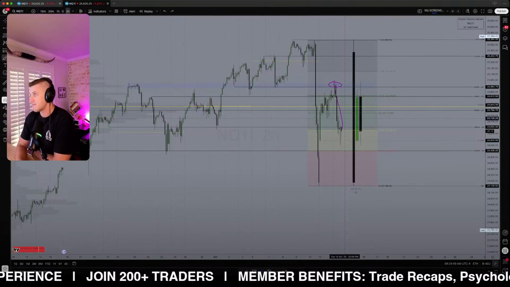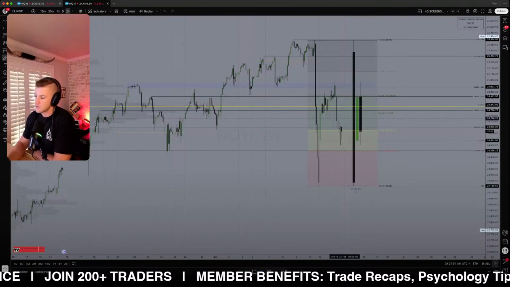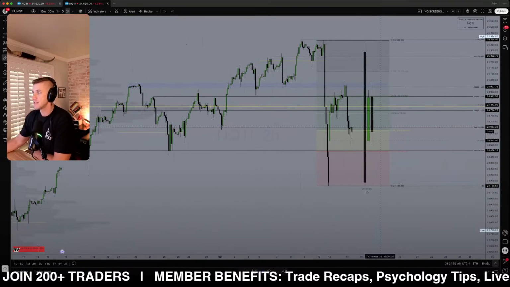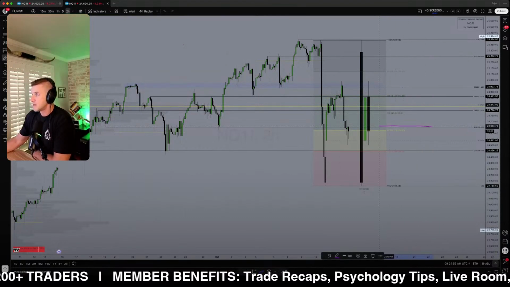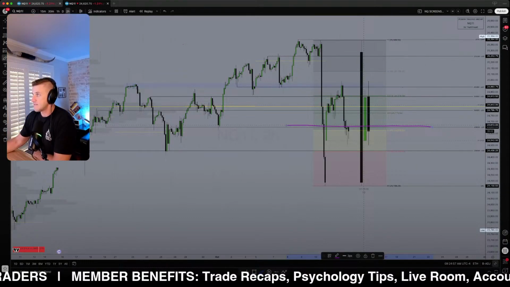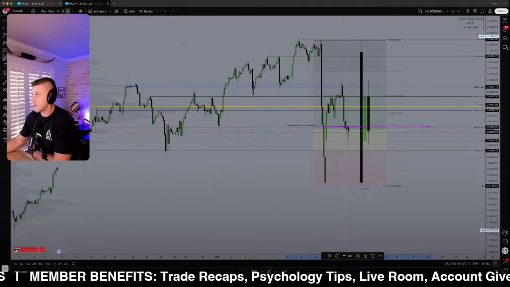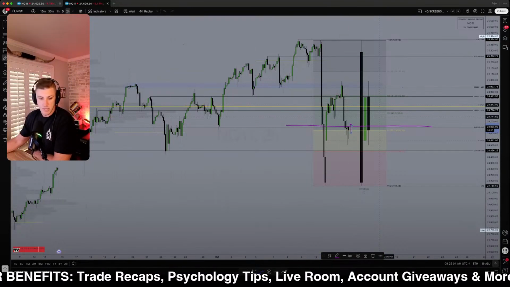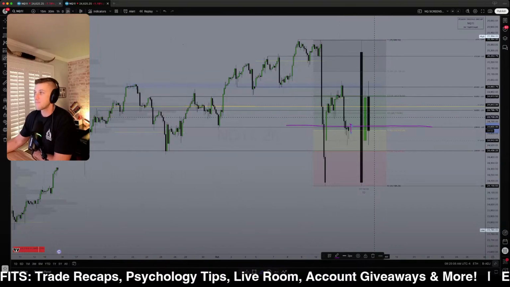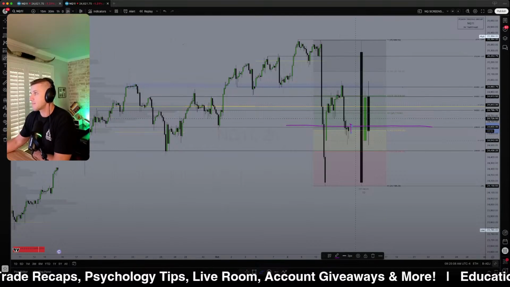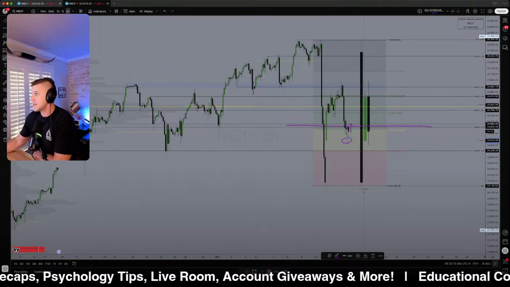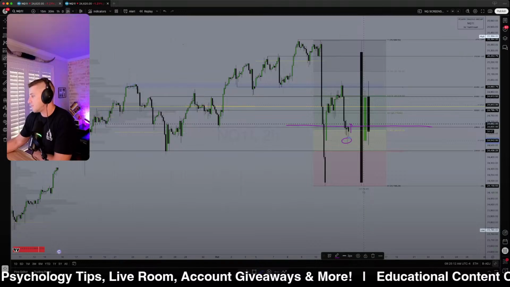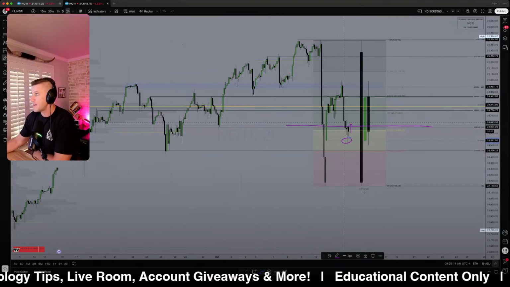What I'm going to be looking at this morning is pretty straightforward. I want to see how price responds to this area, 655. We do have a 2-hour hammer that has most recently closed. I want to see if buyers can show any continuation for that hammer following a sweep and undercut of the weekly open, the Sunday night open.